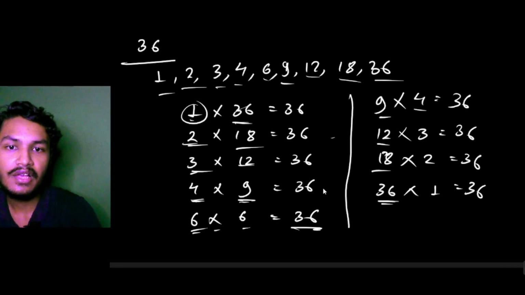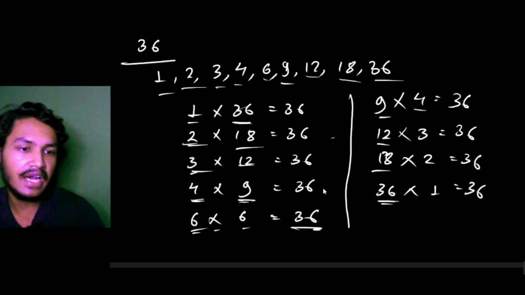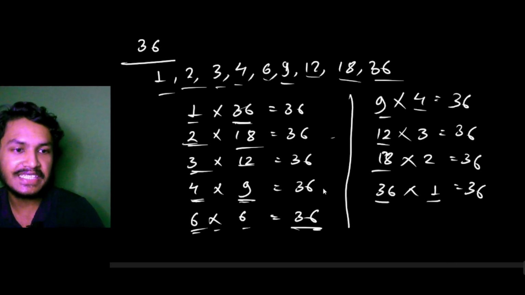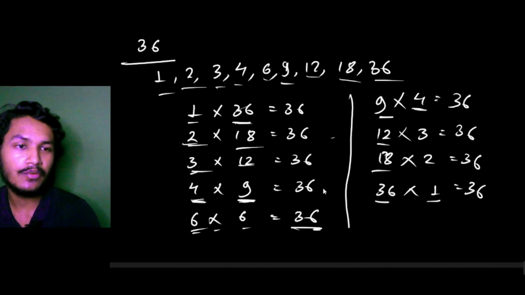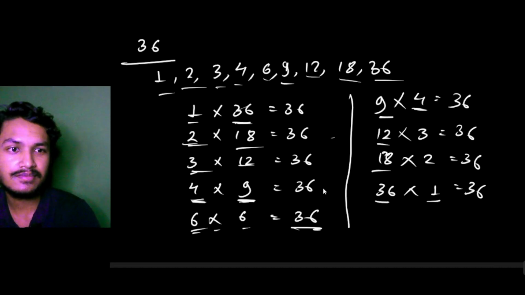We have checked 1 into 36 one time, and then again we are checking 36 into 1. We have already checked 4 into 9, and again we are checking 9 into 4. So why are we doing the same steps till the last number?